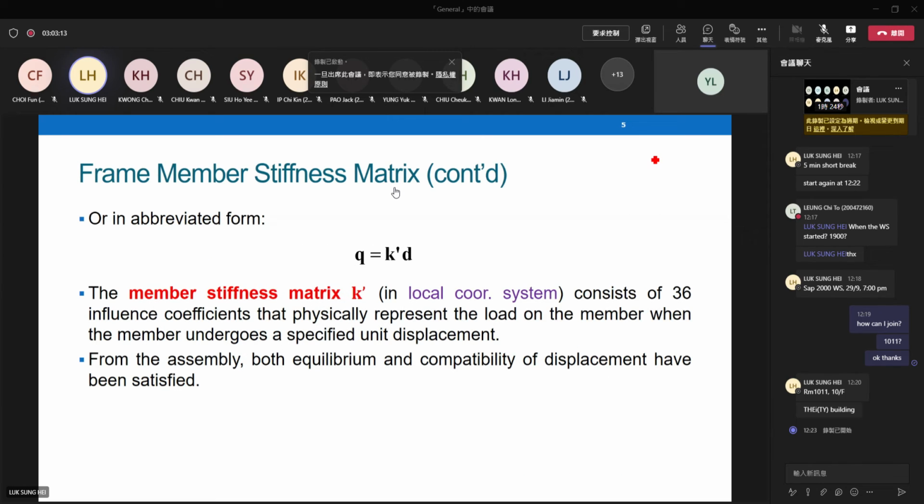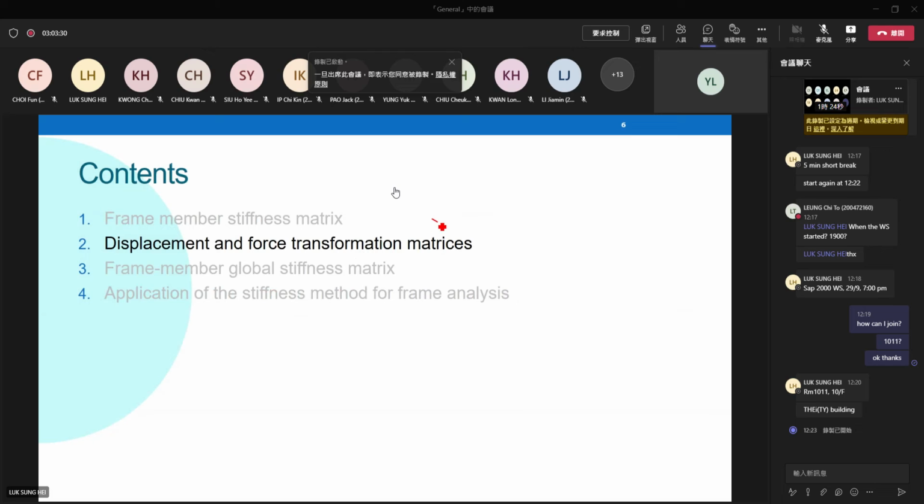Small q, the local member end force, equals the member matrix times the local displacement. Local system, not easy to apply. So you have to convert them to the global system, just like our truss analysis. You have to transform displacement and force.